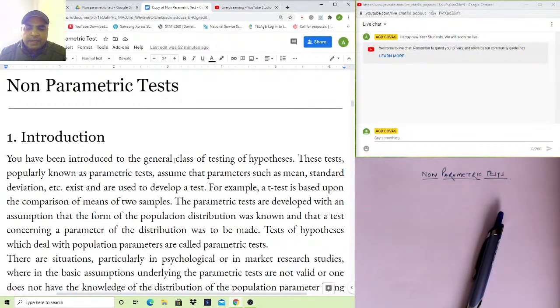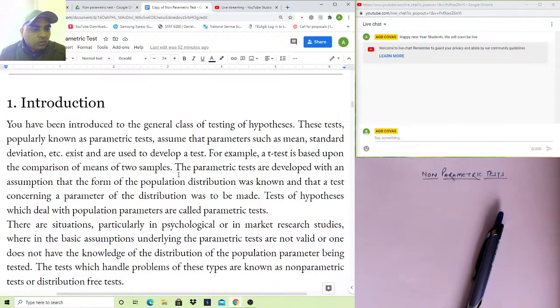Experimental design is just a basic concept, and there you will be refreshing your knowledge of ANOVA. So I request you all to go through the lecture on ANOVA before we go to the experimental design chapter. So today let us start with the non-parametric tests.